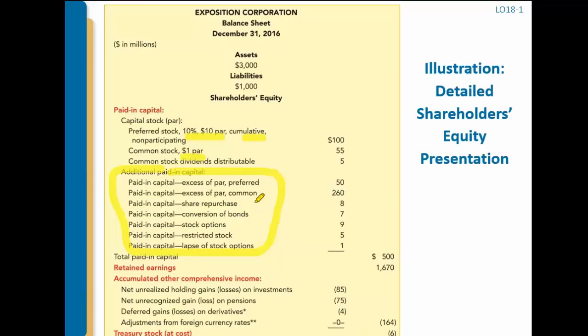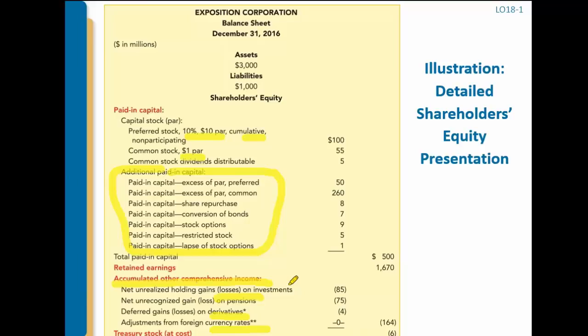And then we have the other comprehensive income, or what we call the accumulated other comprehensive income. And again, these are the items. Specifically, we talked about the unrealized gains and losses on pensions. We would also talk related to adjustments from foreign currency, derivatives, and other items.